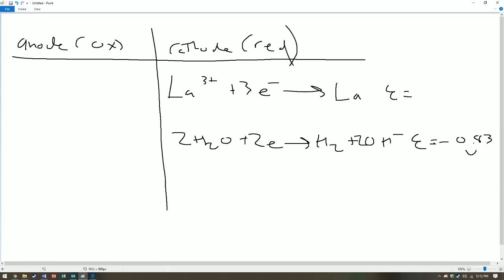Excuse me, guys. Here. Control F. No, it's not here. Okay, lanthanum 3 plus, that is minus 2.37 volts.